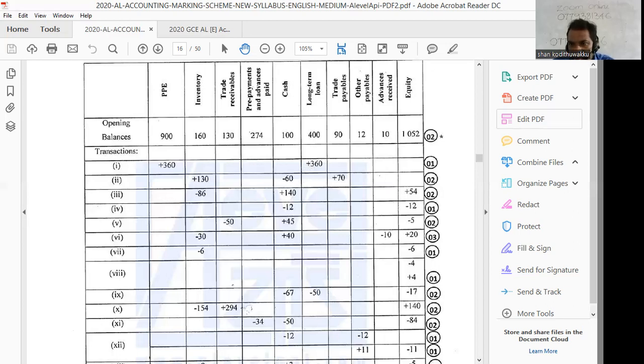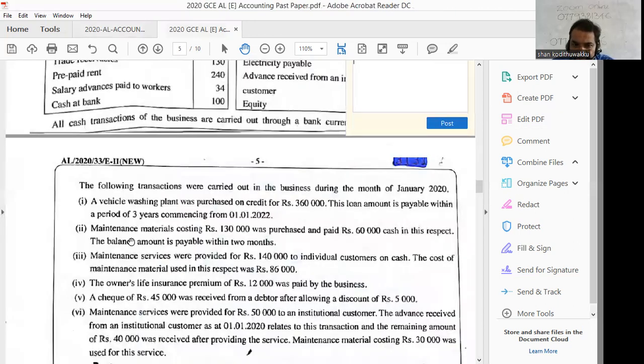We'll move to adjustment number 2. Right. Maintenance materials costing 130,000 was purchased and paid 60 cash in this respect. The balance amount is payable within 2 months. That means they didn't pay totally. The cost of material is 130,000 rupees, but they have paid in cash only 60. The balance 70,000 will be paid later.